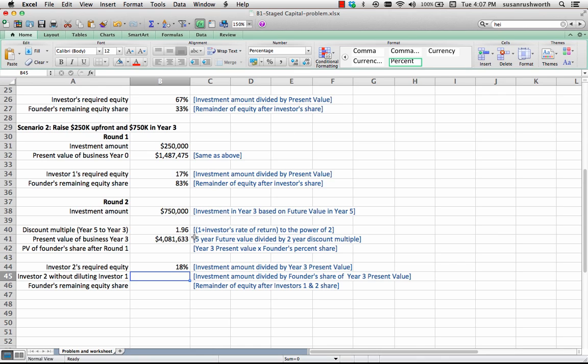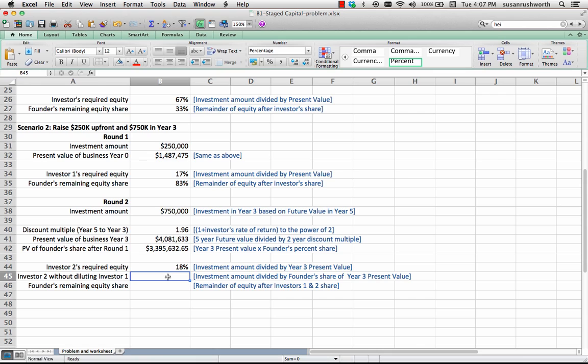So let's calculate what that's worth. What's the present value of the founder's share after round 1? Now, the present value in year 3 is just over 4 million, this figure here. The founder owns 83% of the business, so we simply multiply them together. And this gives us the figure of 3.395 million of the founder's ownership.